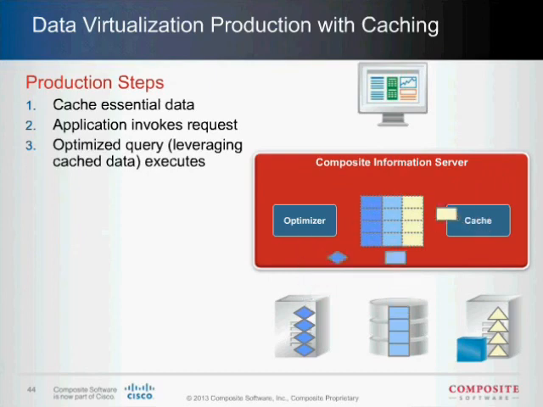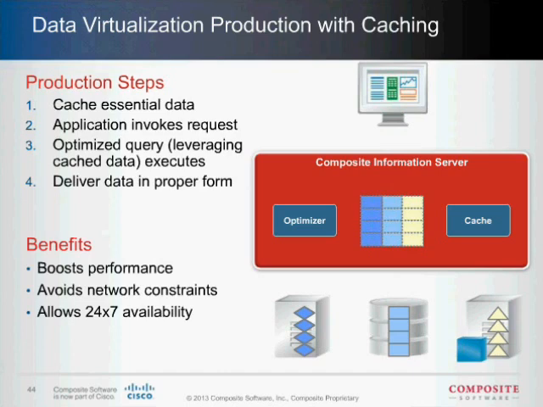So by using a cache as part of your data virtualization environment, you're essentially creating a middle ground between traditional data integration and replication and the fully live data virtualization that we've been discussing so far, and it gives you a lot of opportunities to do partial integration and partial pre-materialization.